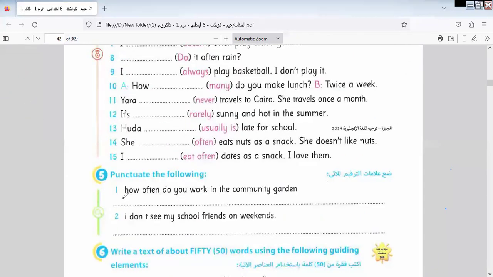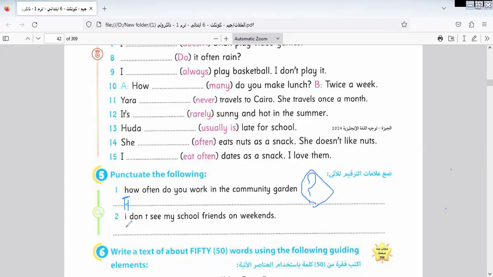As we said before, I underlined the wrong letter and corrected it. Here, "how" is in small letter, so I will write it in capital letter like this. How often do you work in the community garden? And here we have a question mark because it's an interrogative, or question, statement.